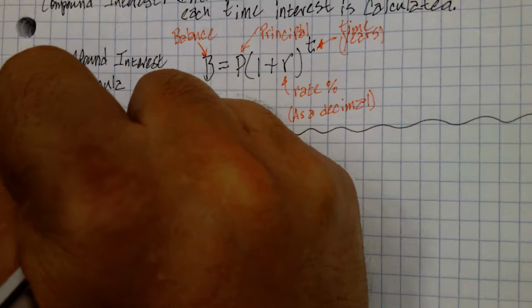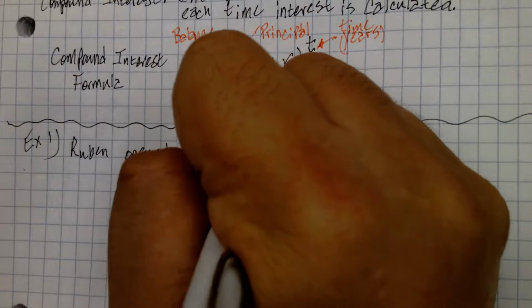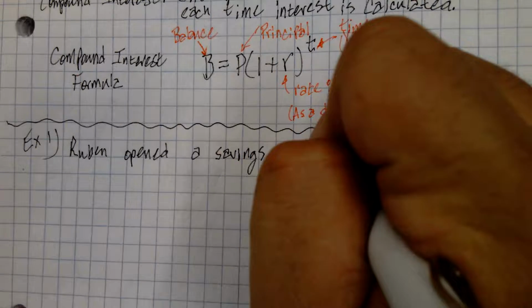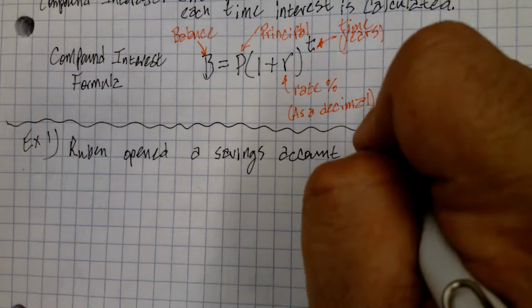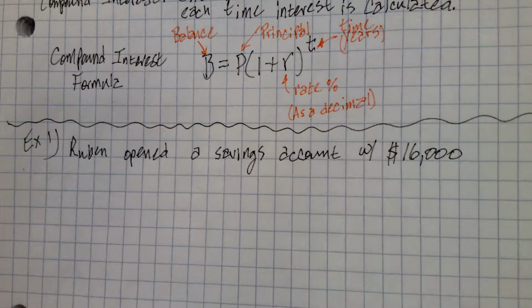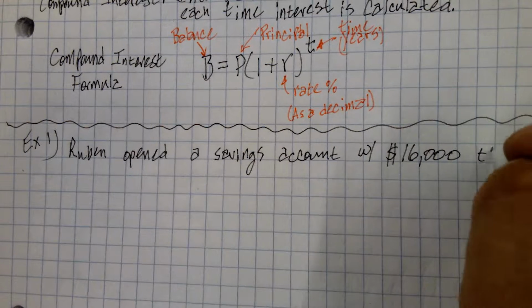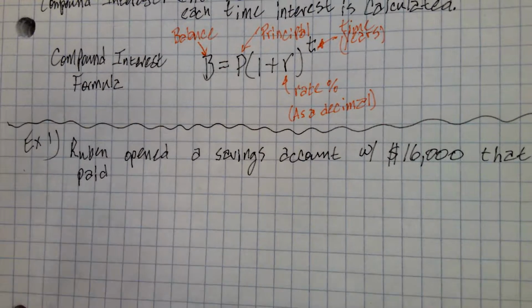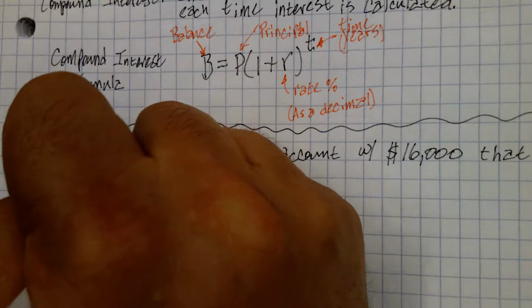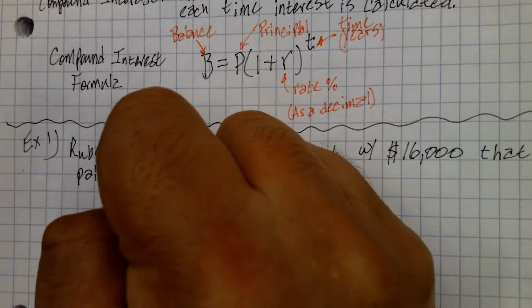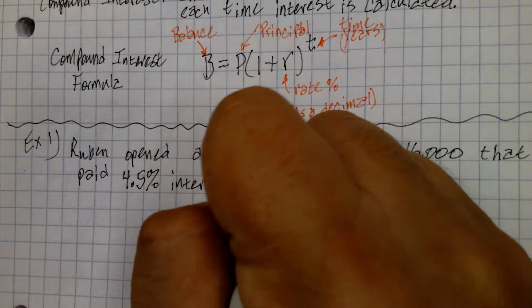Ruben opened a savings account with $16,000 that paid 4.5% interest compounded.